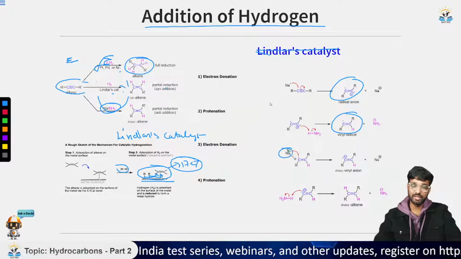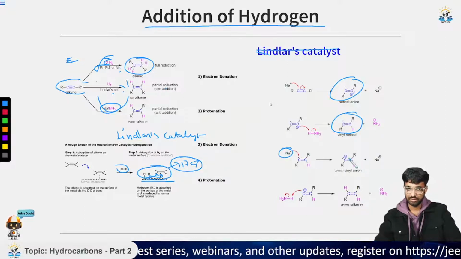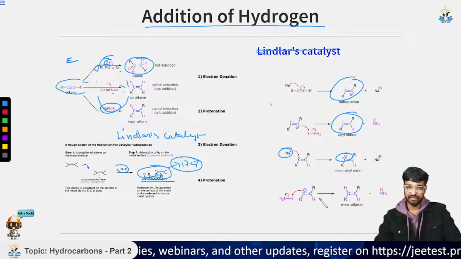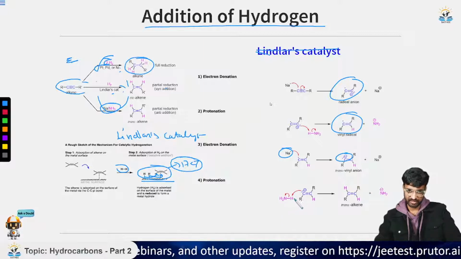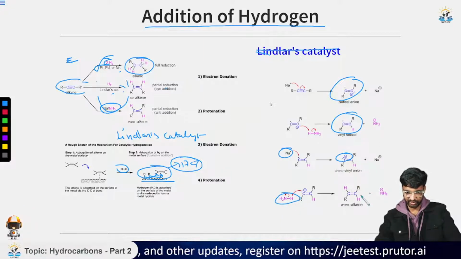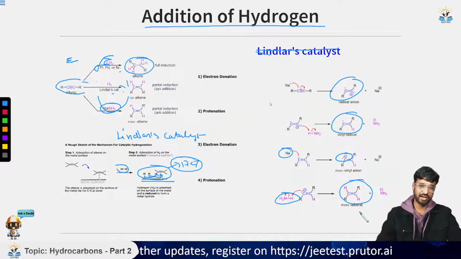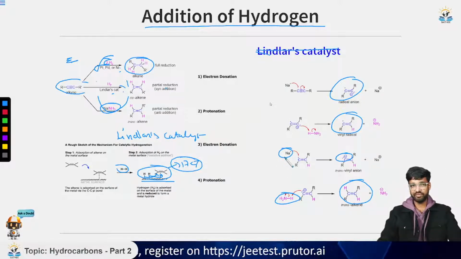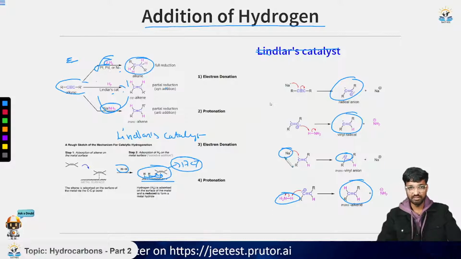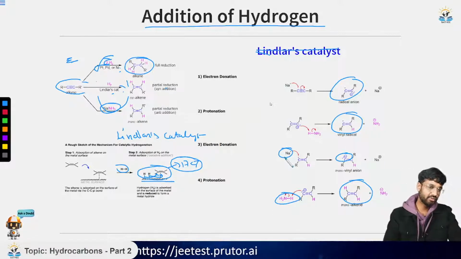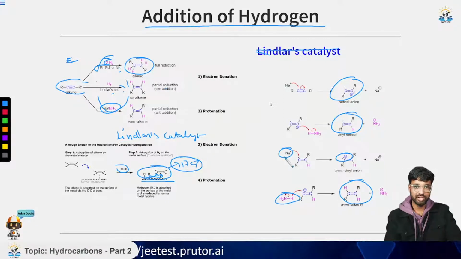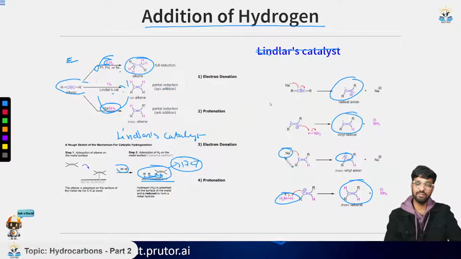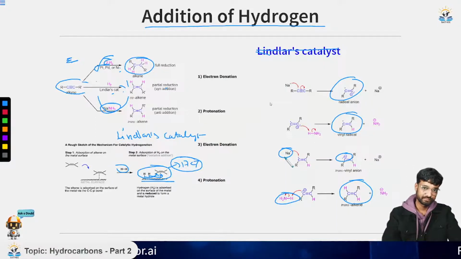Now again sodium metal will give another electron, and we will get an anion again, which will take H from the basic NH3, ammonia, and we will get a trans alkene. So addition of hydrogen can take place in two ways. If we use a metal catalyst for this reaction, we will get a cis alkene, and if we are using sodium in the presence of NH3, then we will get a trans alkene.